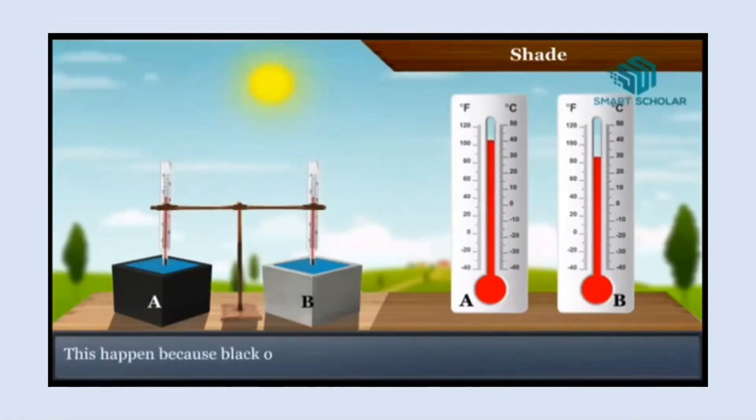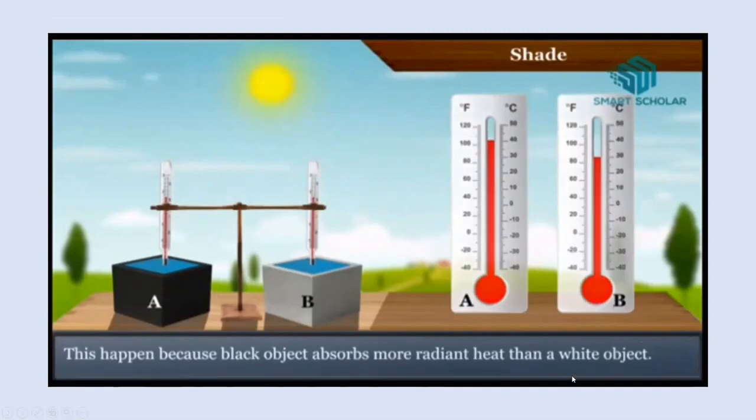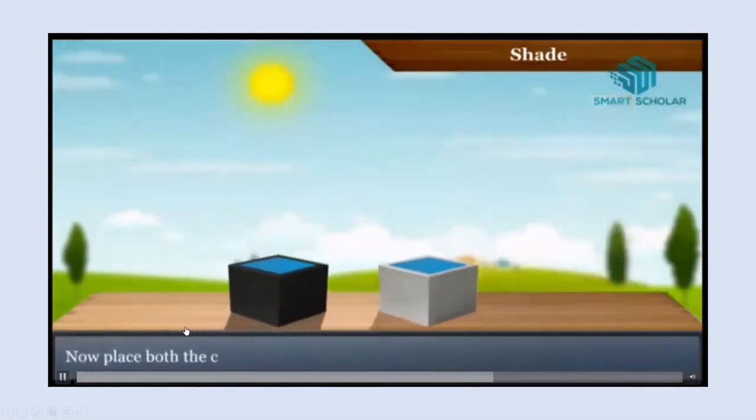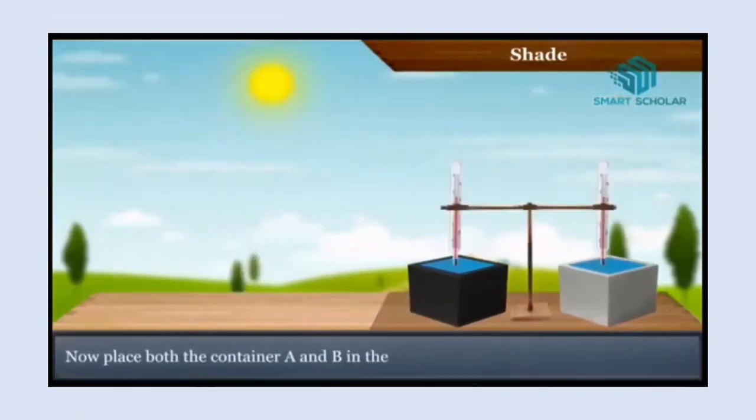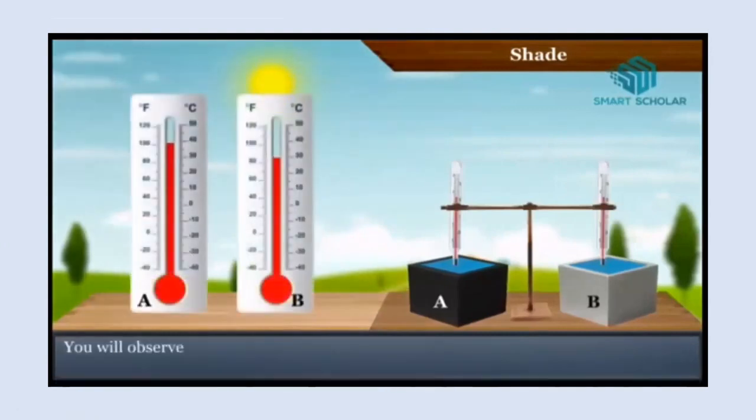This happens because a black object absorbs more radiant heat than a white object. Now place both the containers A and B in the shade. You will observe that the temperature of water in the black container cools down faster.